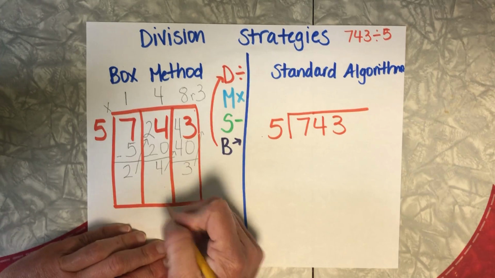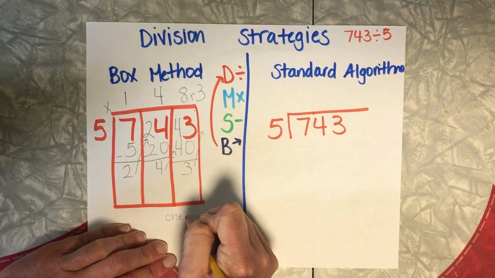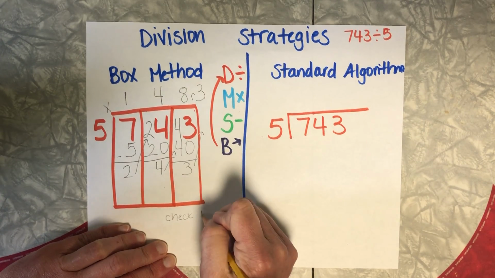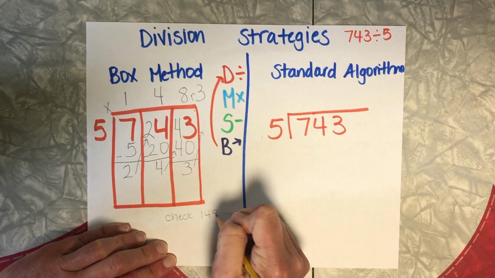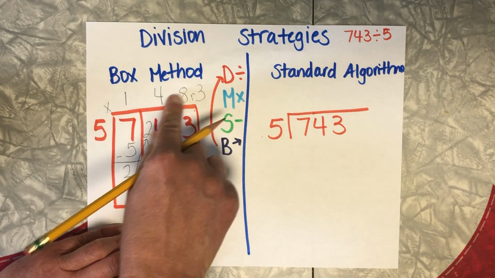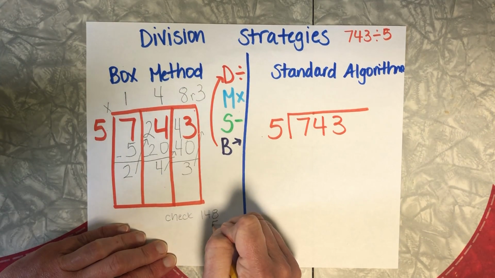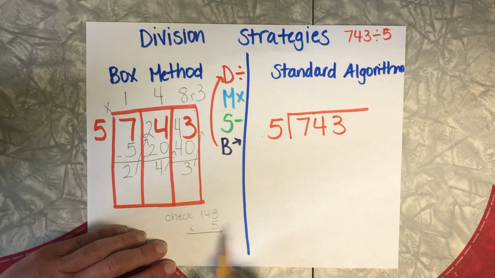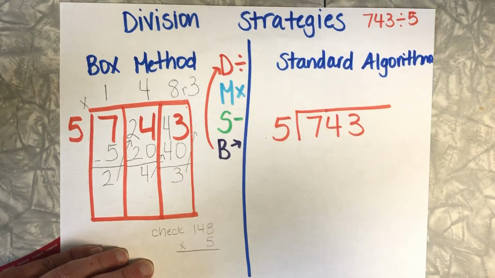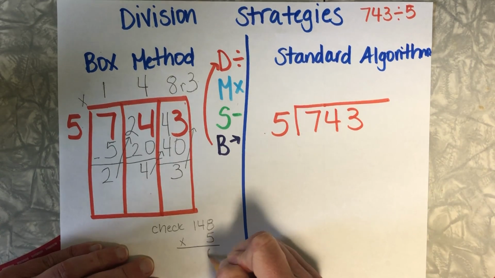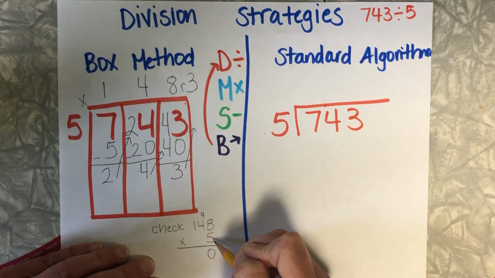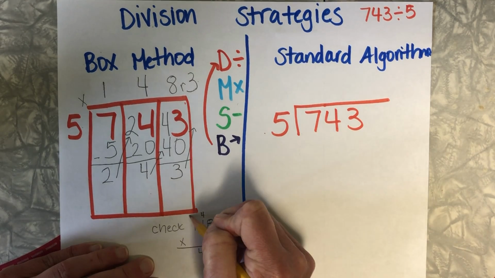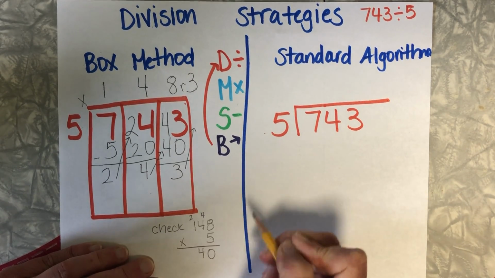Now I always want to do a check. So I'm going to take my quotient, 148, and I'm going to multiply it times 5. And then I'm going to add my remainder to whatever I get. 8 times 5 is 40. 5 times 4 is 20. 20 plus 4 is 24. 5 times 1 is 5.